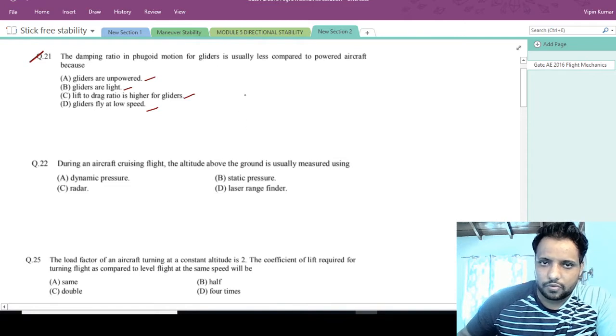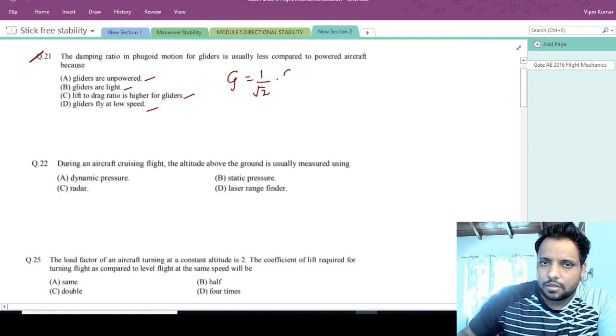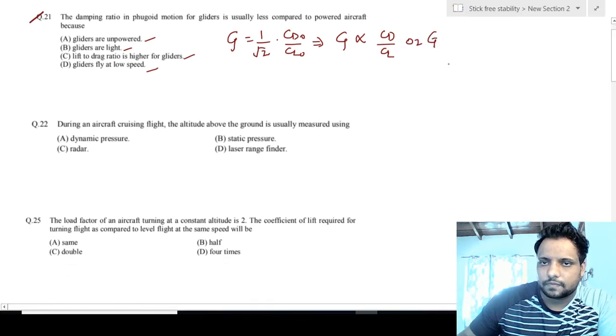So for phugoid motion, if we talk about the damping ratio, damping ratio is given by the formula 1 by under root 2 CD naught upon CL naught. So from this I can say damping ratio is directly proportional to CD by CL, or is 1 upon CL by CD.